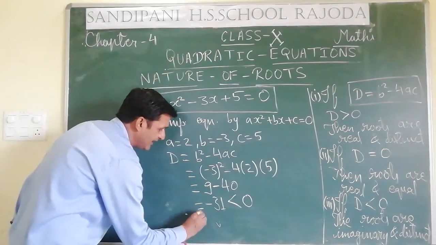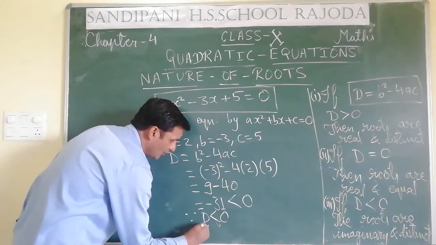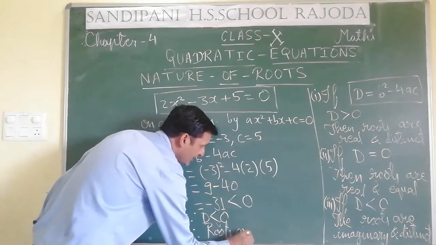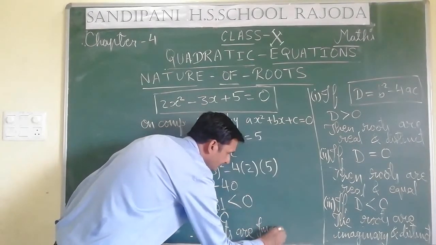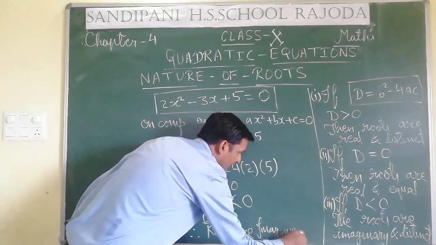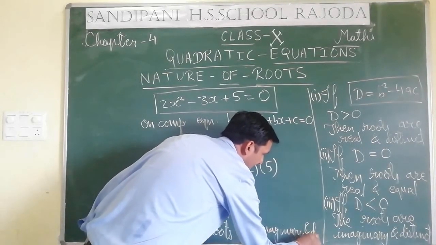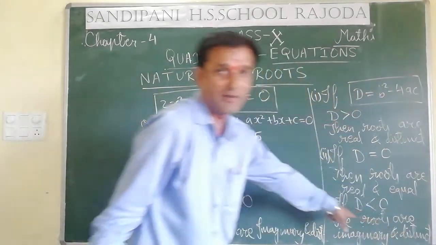Because d is less than 0, therefore roots are imaginary and distinct. Or you may write not real. Imaginary and distinct. Distinct spelling is mentioned already here.